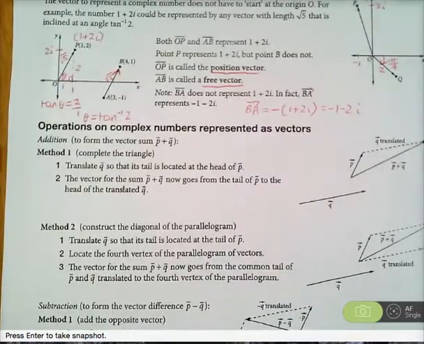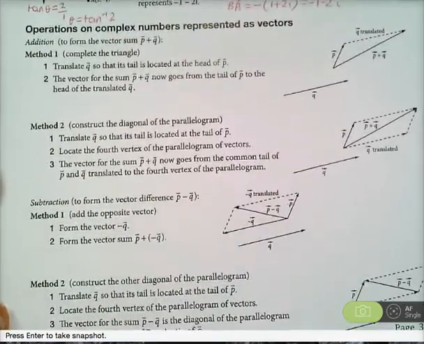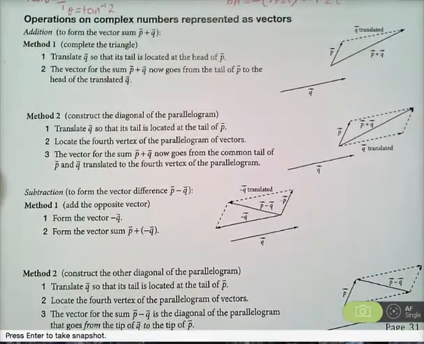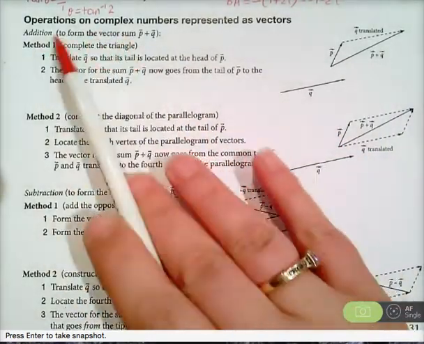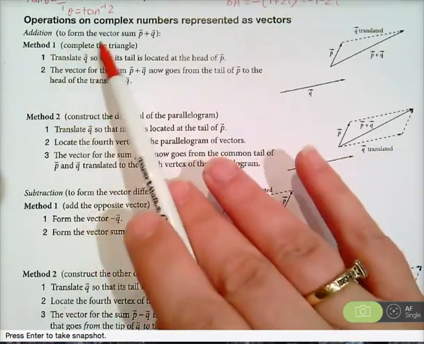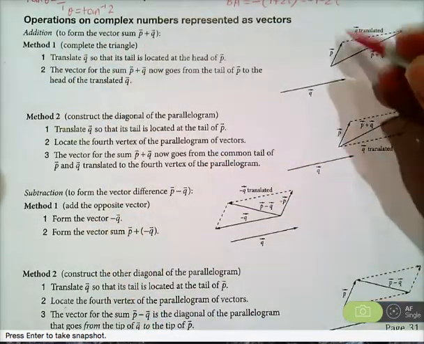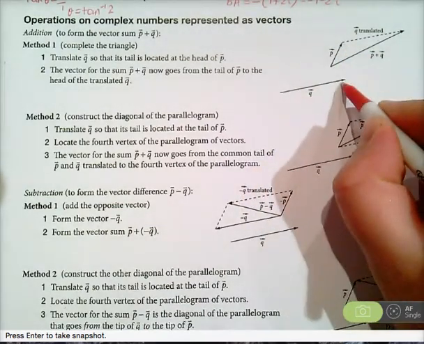Now, operations on complex numbers represented as vectors. We looked at this before, I think last week, so I'm just going to go through it again. When we're adding vectors, to form the vector sum P plus Q, let's say I've got P here and I've got Q there.